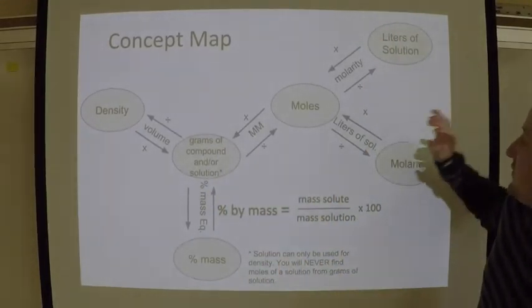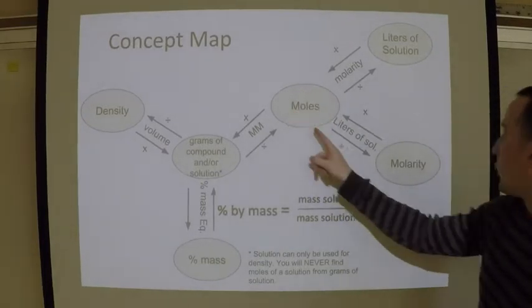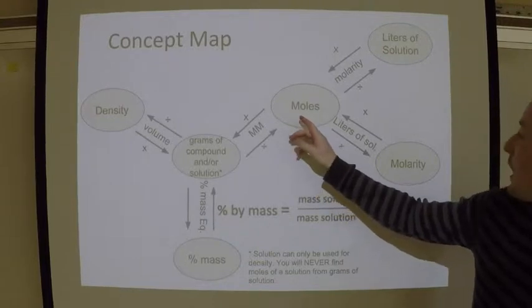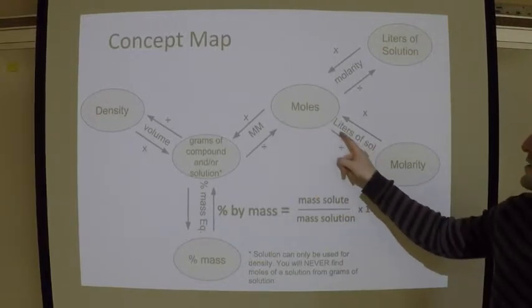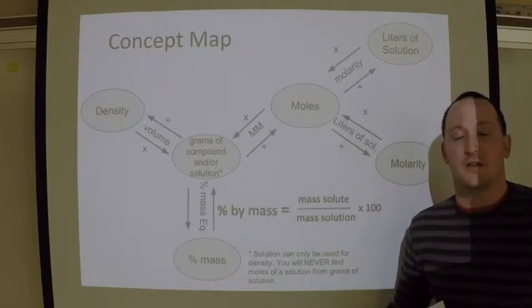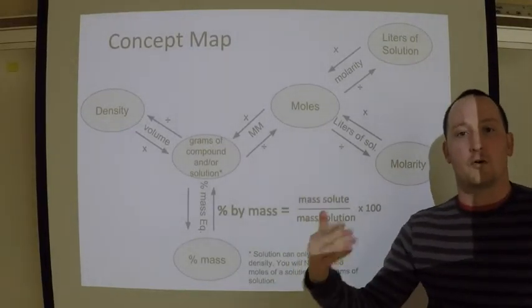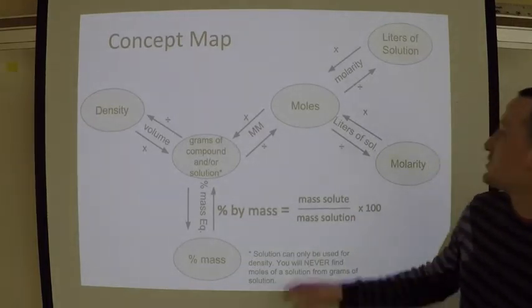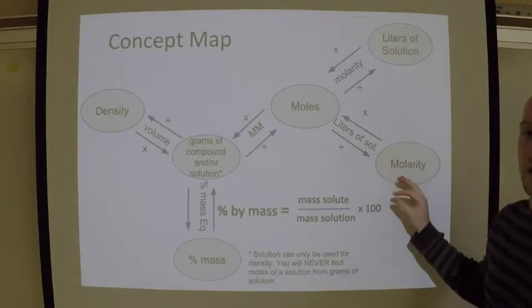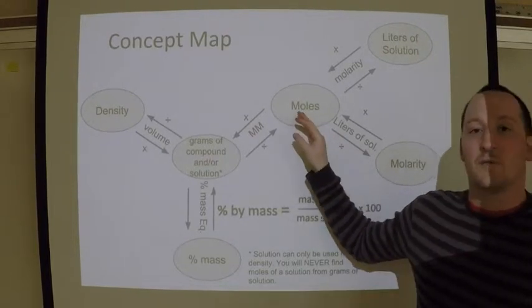So if I was given the moles of my solution and I wanted to find the molarity, I can divide my moles by my liters of solution, and that will give me molarity, because the equation for molarity is moles of solute divided by liters of solution. Well, what if I wasn't given moles?